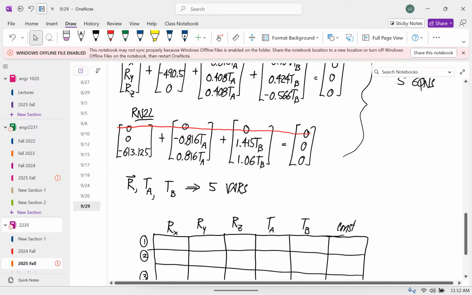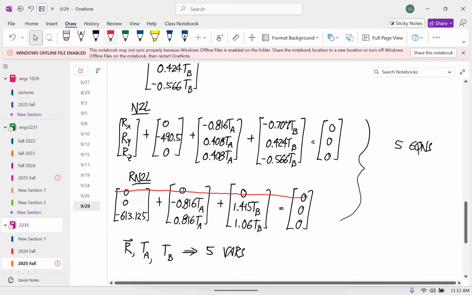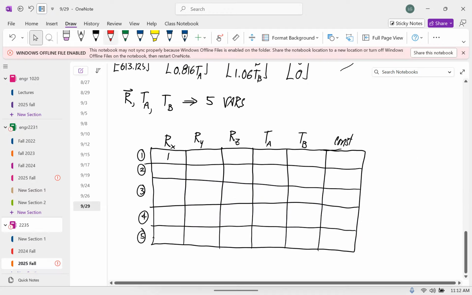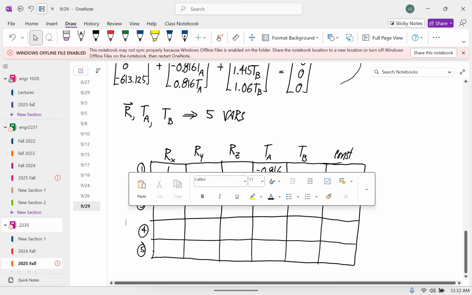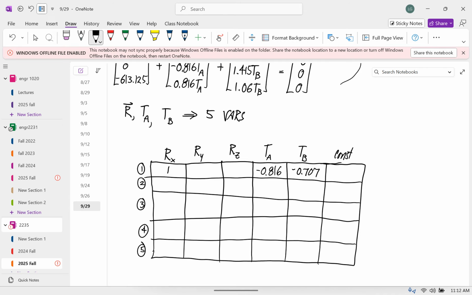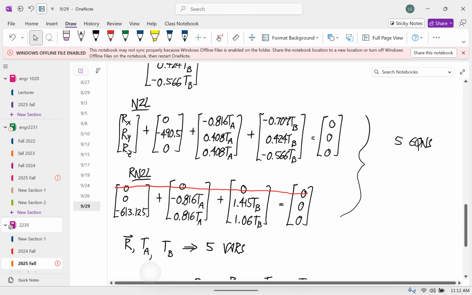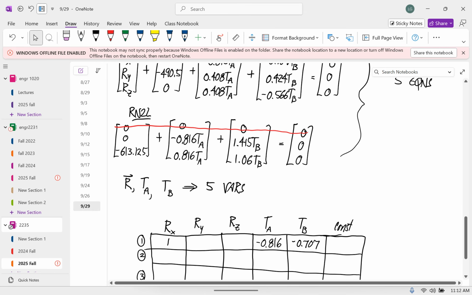So my first equation says Rx's we have 1. TAs we have negative 0.816. TBs we have negative 0.707. Everything else there is 0. Equation 2.